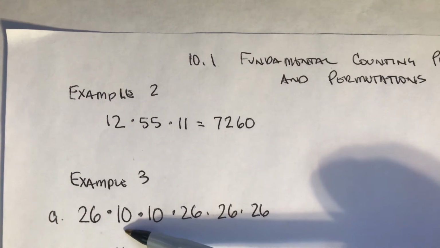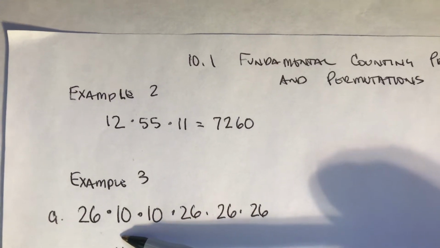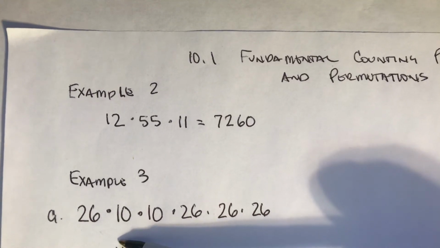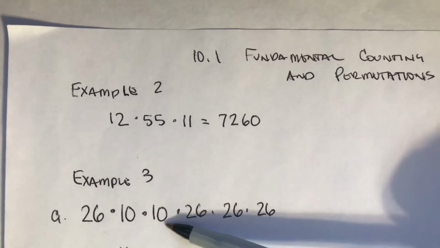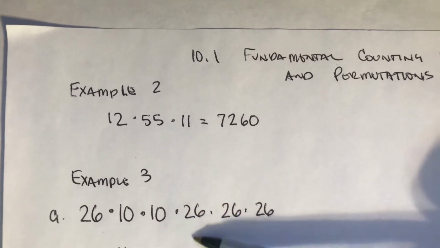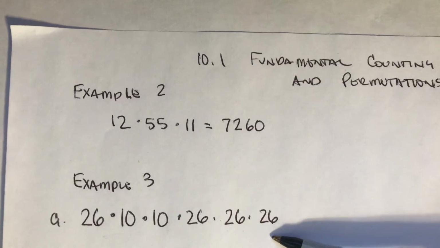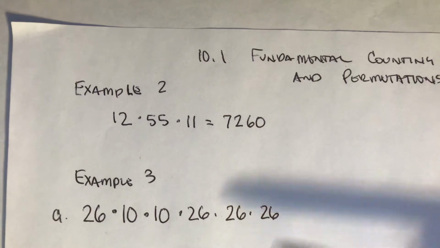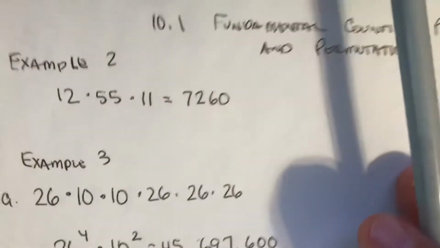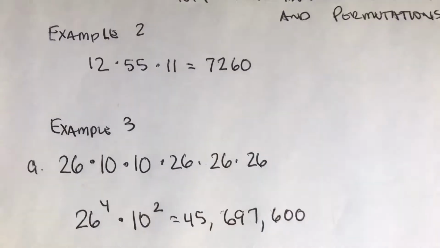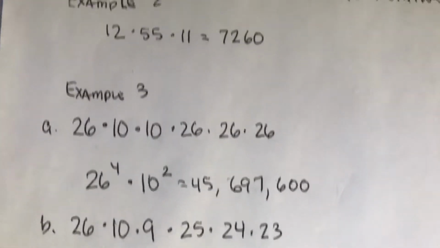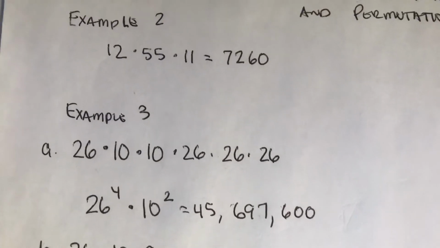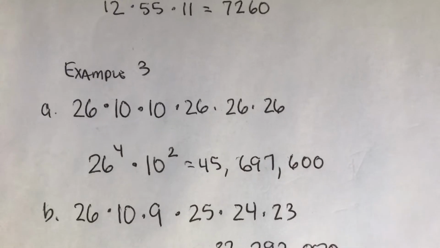The second character would be a digit, and there are 10 ways that we can choose that. We can go 0 through 9. There are 10 different ways, and then 10 different ways for the second digit. And then 26, 26, and 26 for the last 3 letters. So we'd get a total of 45,697,600.